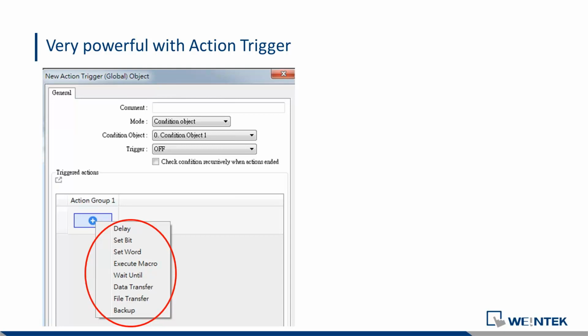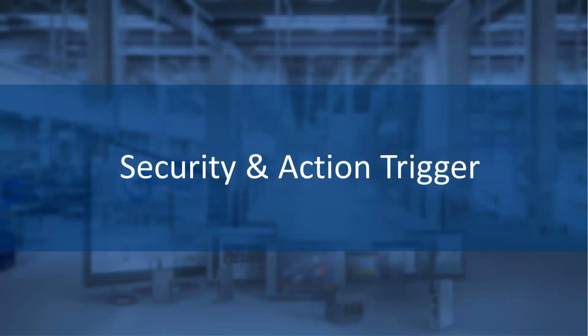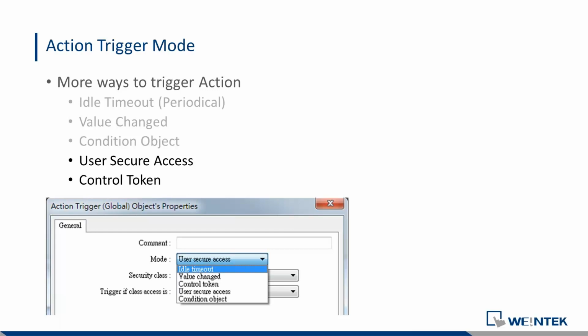The next part, we're going to talk about security and action trigger. Before, in previous EasyBuilder Pro versions, there were only two ways to run the action trigger. The first one is periodical, and another one is using value change to trigger the action trigger.